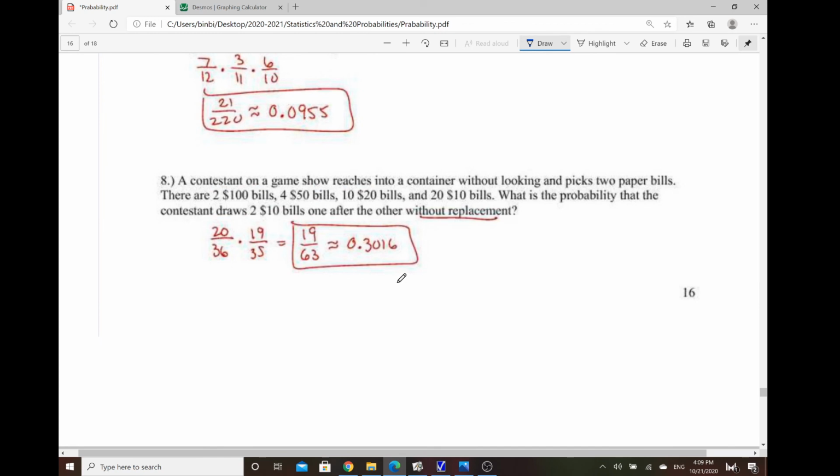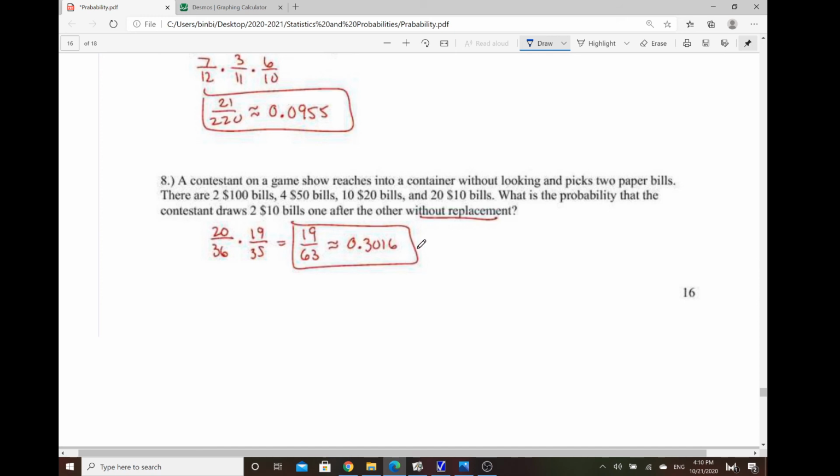And a contestant on a game show reaches into a container without looking and picks 2 paper bills. There are $200 bills, $450 bills, $20 bills, and 10 $10 bills. What's the probability that the contestant draws 2 $10 bills, one after the other without replacement?